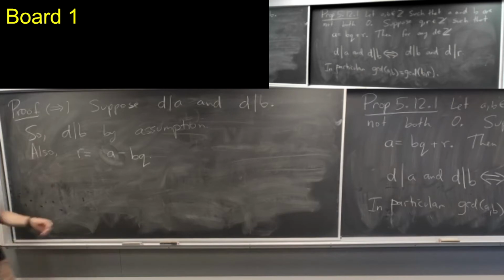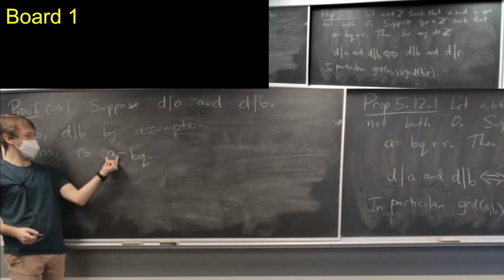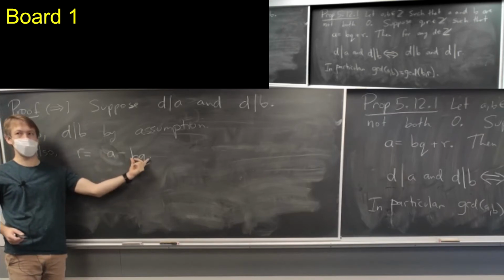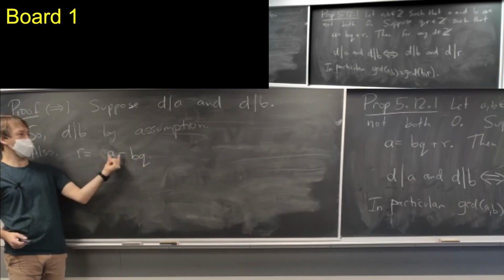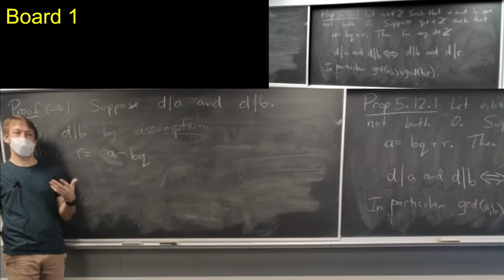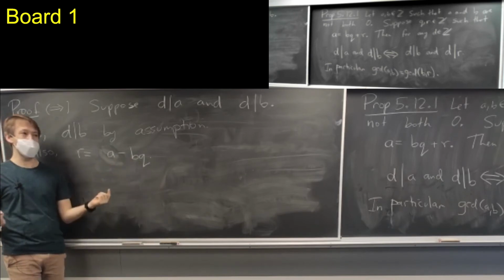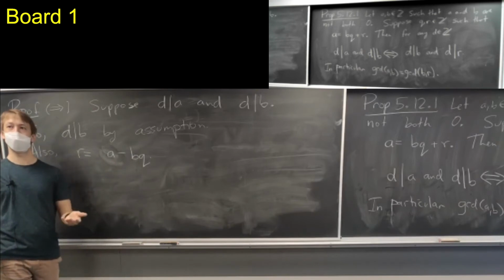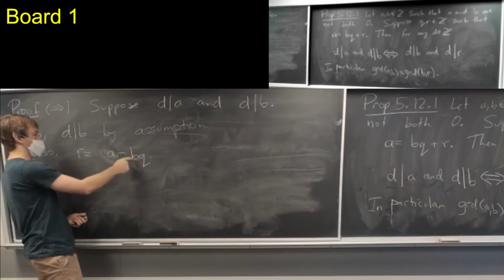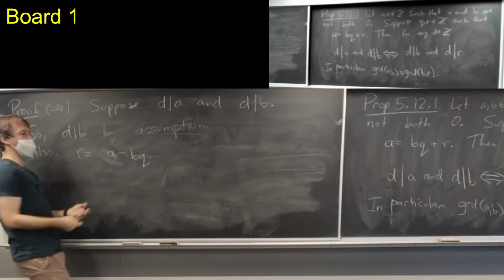Yeah, D divides A, D divides B, so therefore D divides B times Q. I've got two numbers divisible by D, and I'm subtracting them. If you have two numbers divisible by D and you subtract them, it's a number that's also divisible by D, right? In other words, I can factor out a D from everything.